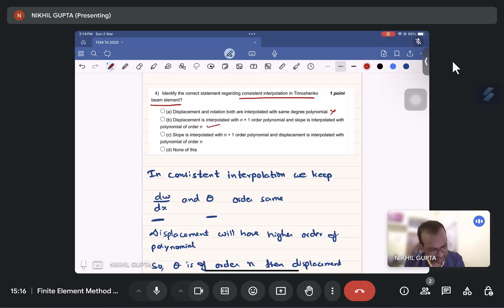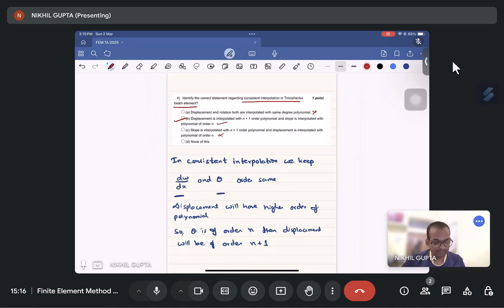Yes, we have discussed this. The third option is saying slope is interpolated with n plus 1 order polynomial and displacement is interpolated with polynomial of order n. So this is also wrong. This is reverse. So the answer is B, where we say the displacement is of order n plus 1 while the slope is of order n.